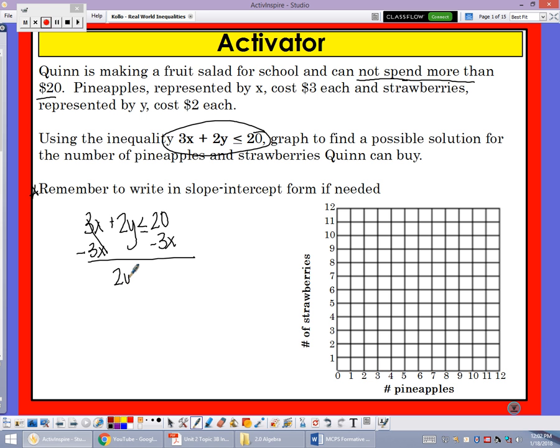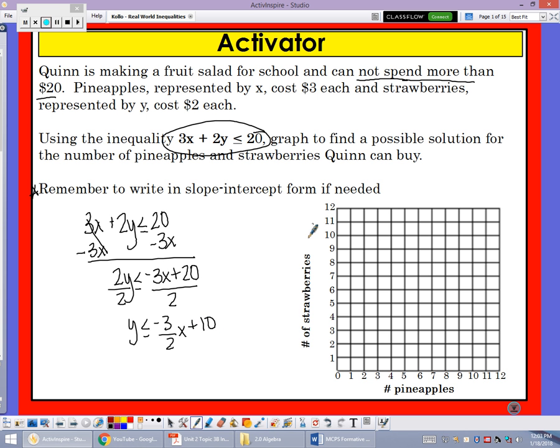And I'm left with 2y is less than or equal to negative 3x plus 20. When I divide by 2 on both sides, I'm left with y is less than or equal to negative 3 halves x, and then plus 10. So now we have a slope, we have a y-intercept.